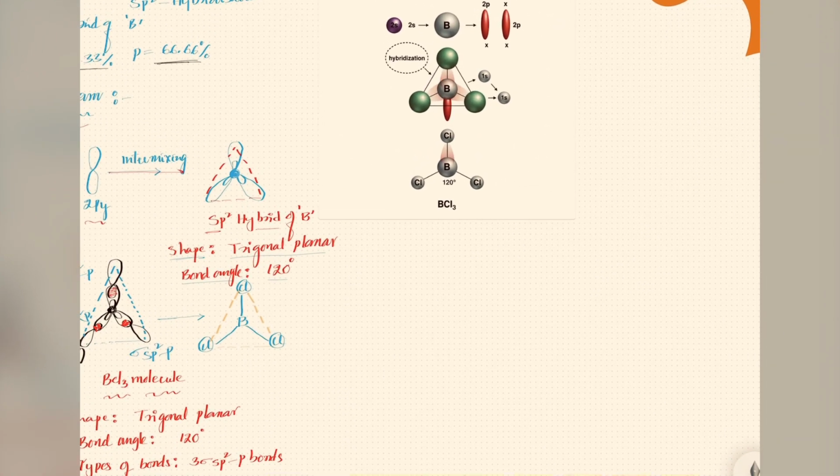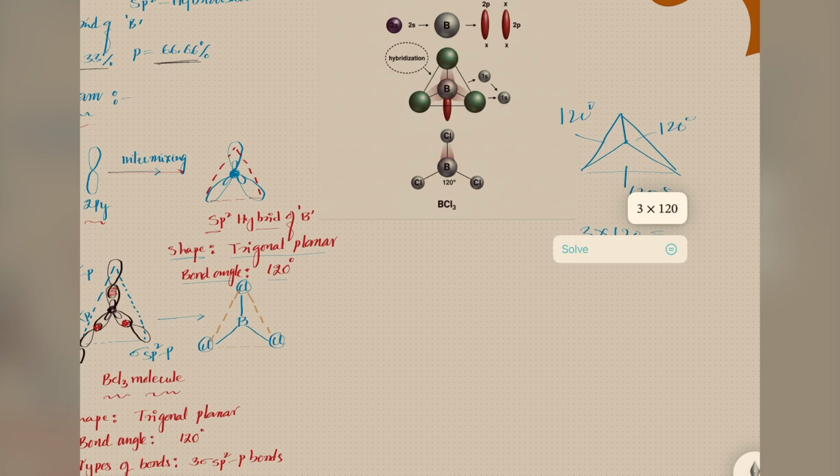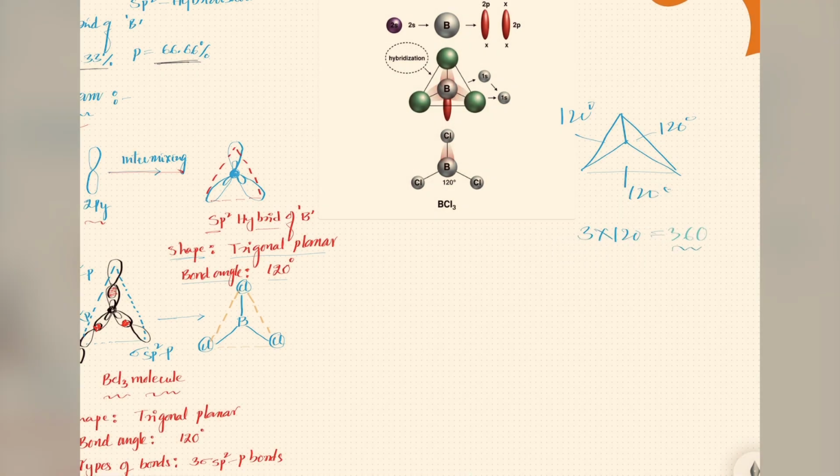We can take any angle here, for example this is 120, this is also 120, and this is also 120. Now how many 120s are there? Three 120s, so 3 into 120. How much will we get? Tell me. See, we get 360. So totally we have one circle like this.